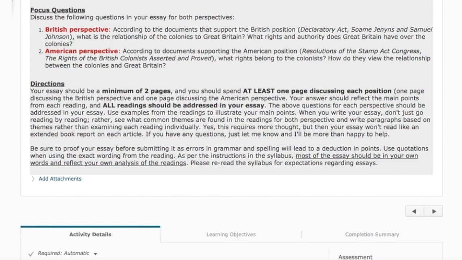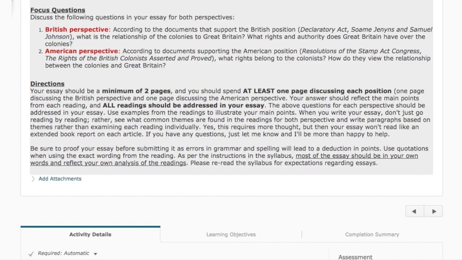That is, all the arguments that prove and disprove that allegation should be discussed in the same paragraph, devoting a paragraph to that claim. And then when you come to another claim by the Stamp Act Congress, what reactions do Jenyns and Johnson have to that? Or how are the colonies debating the British position on these issues?